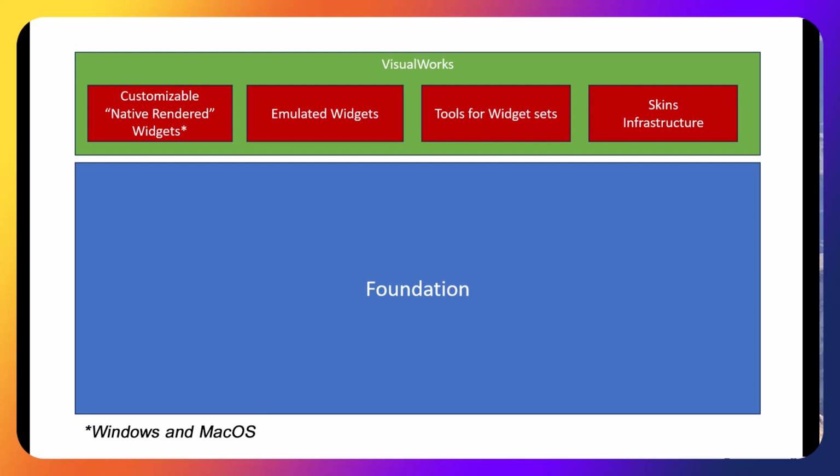On other platforms we have emulated widgets, which are very flexible, and you can have a number of different skins for those widgets. For example, on Linux, you could make it look like a different platform, or even create your own custom look if that was what you required or desired.